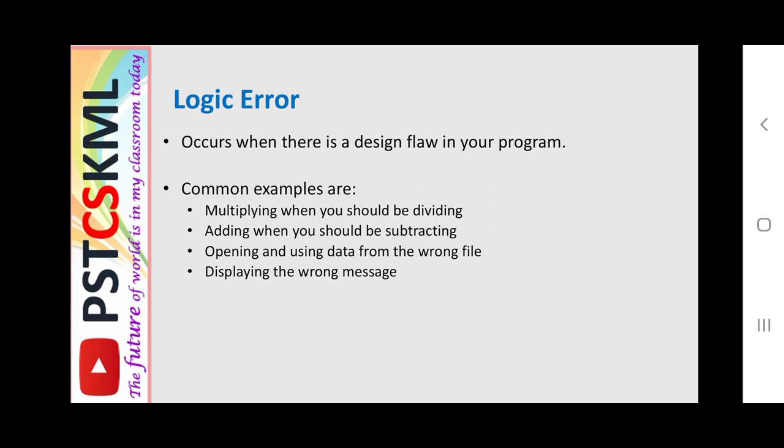Opening and using data from a wrong file, okay, is linked to a runtime error if the file cannot be found, but if you link to a file and you can find the object, but it is the wrong file, then it is a logic error. Another one is displaying a wrong message.